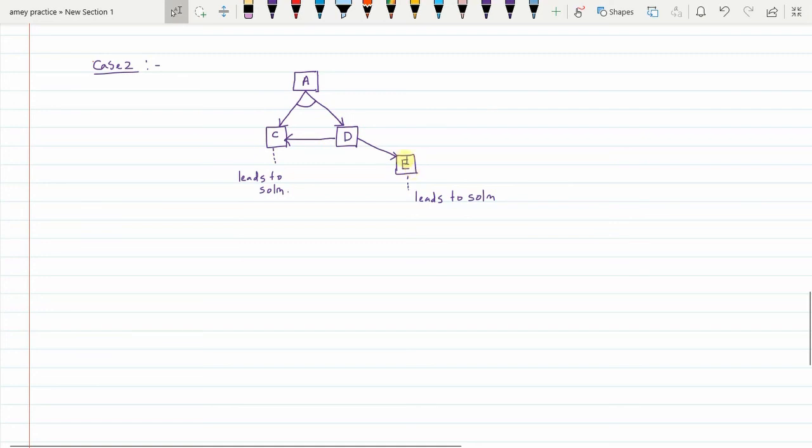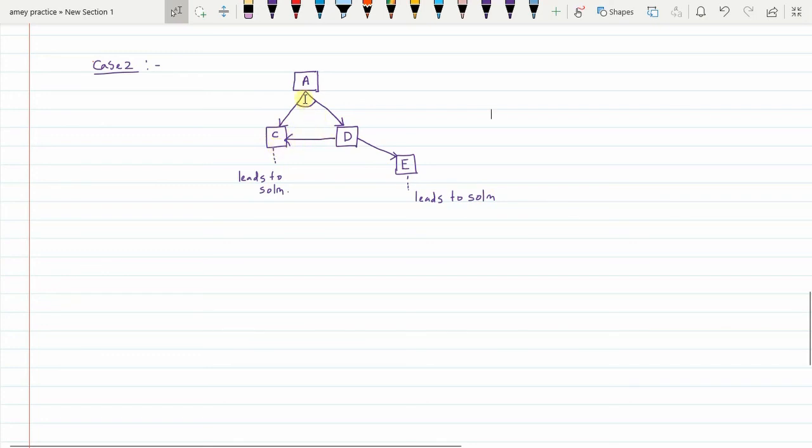But it turns out that C is necessary anyway. So although, assume that from D, E is the best path that leads to a solution, you can't take only that path. You will have to also consider this C.